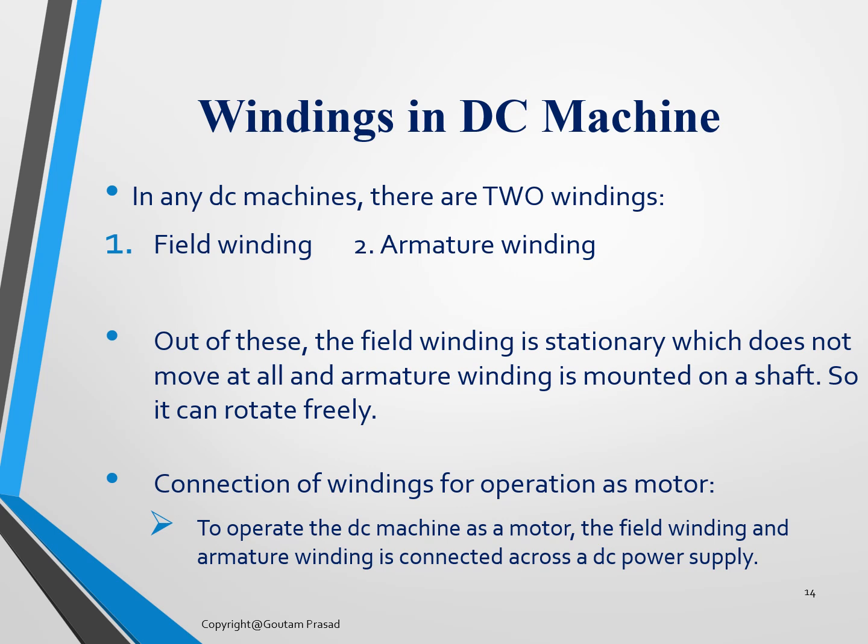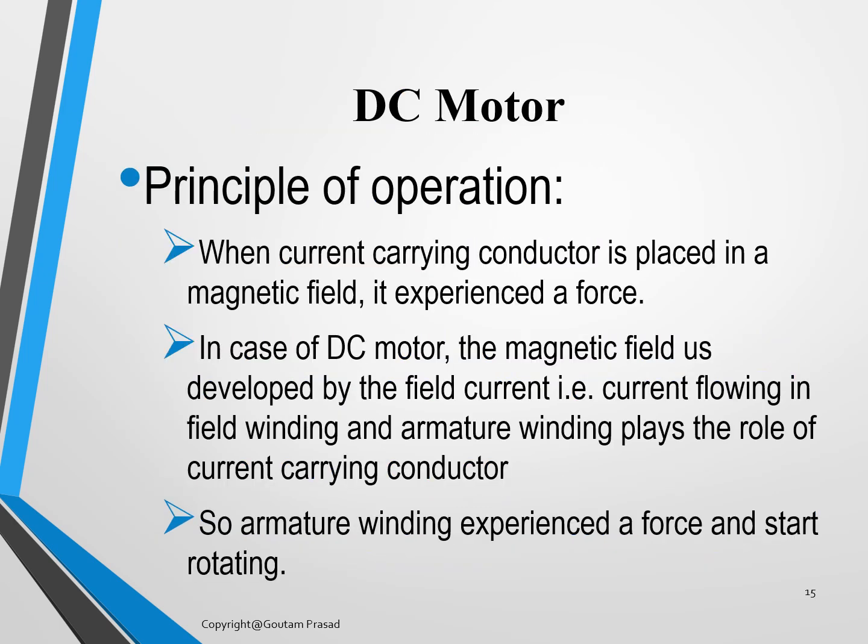Connections of the winding: to operate the DC machine as a motor, the field winding and the armature winding are connected across the DC supply. As shown in the picture it was connected with the help of a battery, but in actuality it is connected across the DC supply.